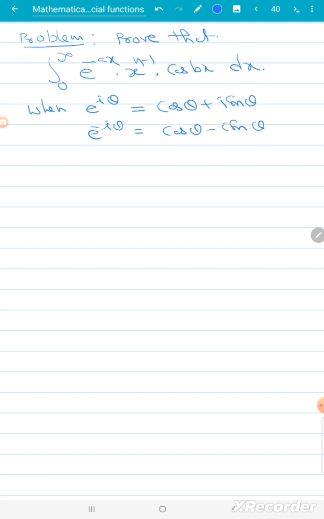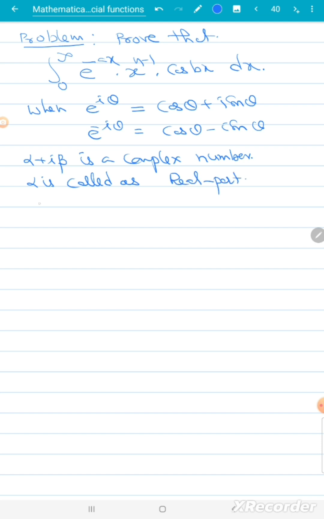In a complex number, if alpha plus i beta is a complex number, then alpha is called the real part of this complex number, and beta is called the imaginary part of that given complex number.